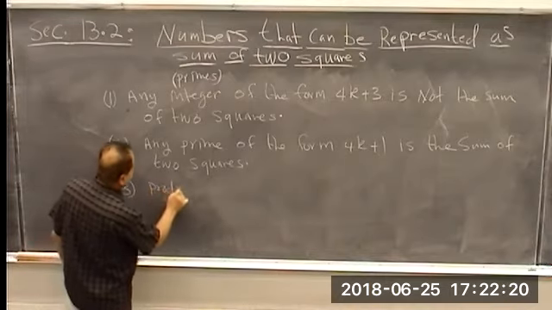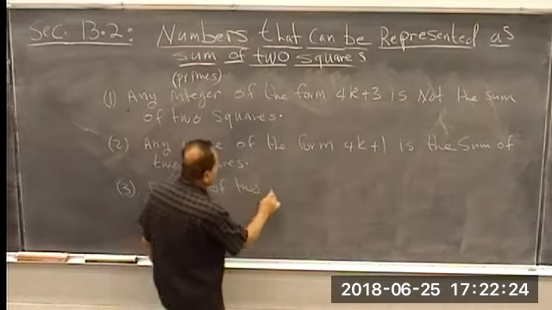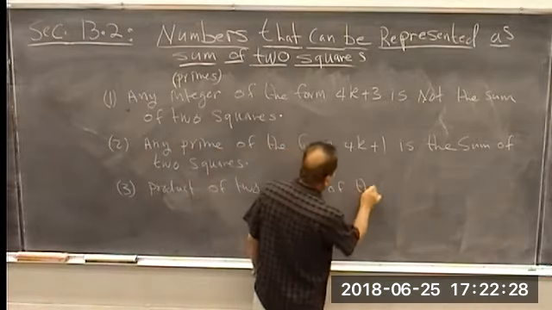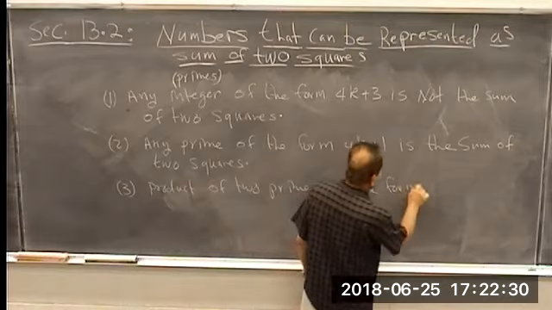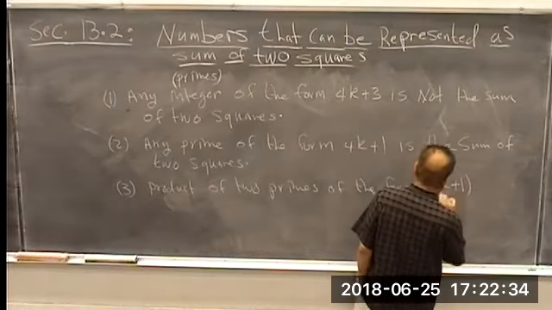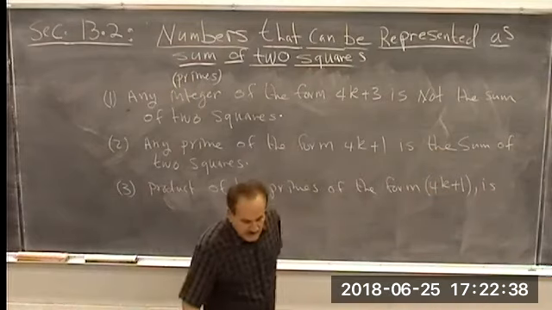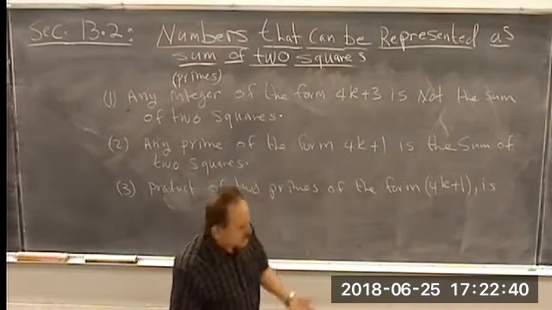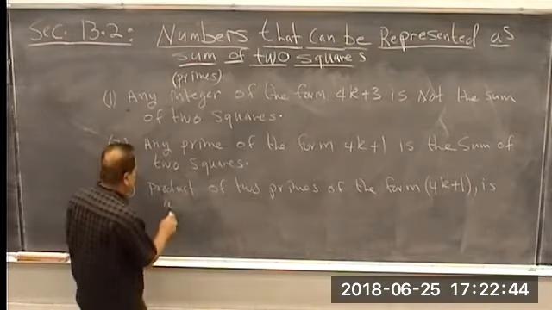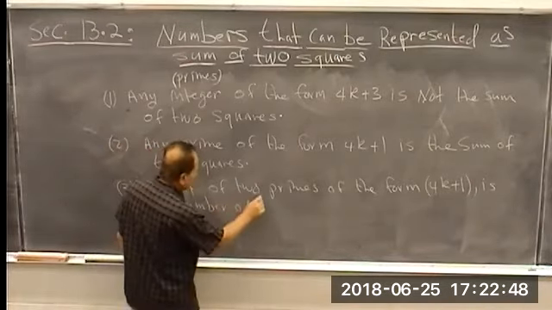The product of two primes of the form 4k plus 1, both of them, is a number of the same form.